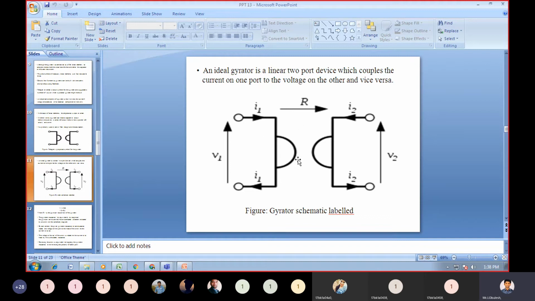It is indicated by an arrow on the schematic diagram. Or sometimes you call it, equally, its reciprocal, the gyration conductance, which has an associated direction indicated by an arrow on this schematic diagram.